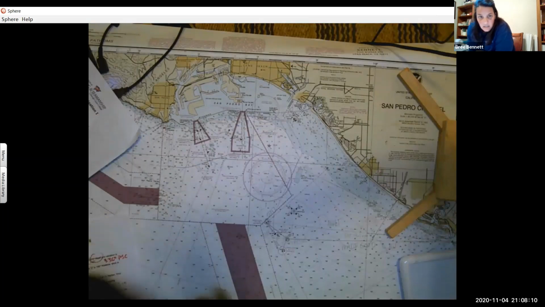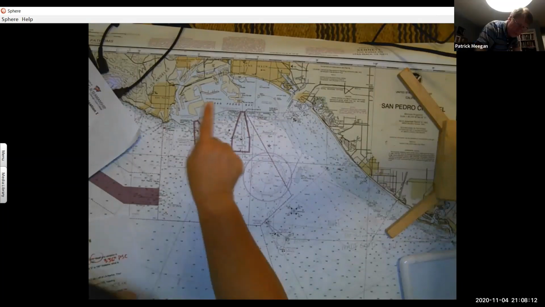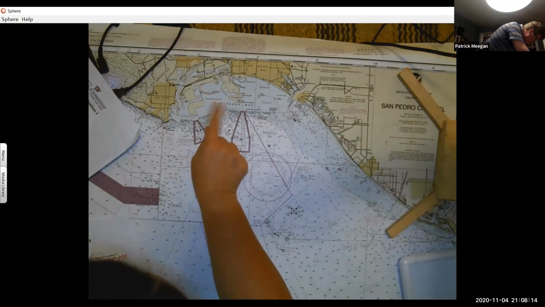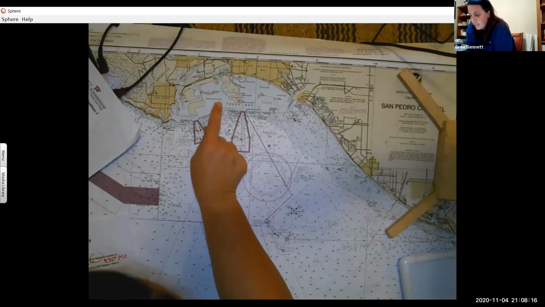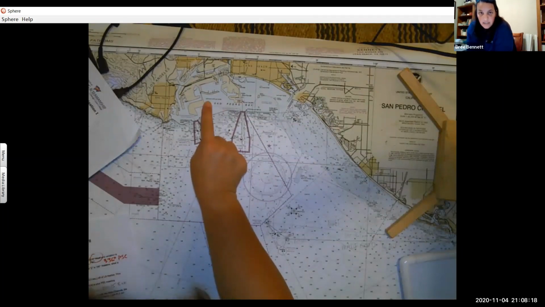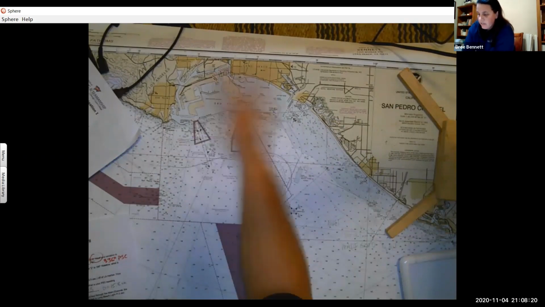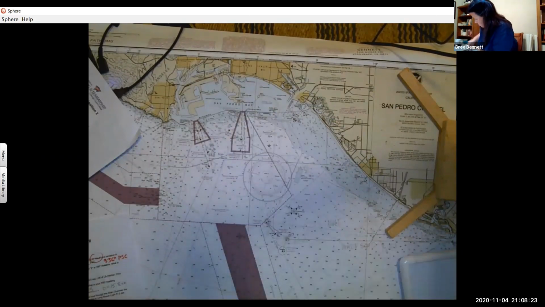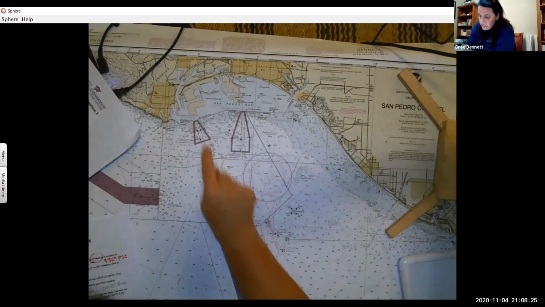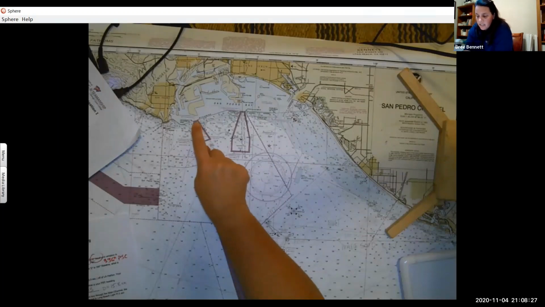You guys see it? 18749. Yep. We're going to switch to 18749 and 18751 if we're navigating in the harbor here. So we cruise in Angels Gate. Angels Gate is that opening in the jetty on the San Pedro side or the LA side.